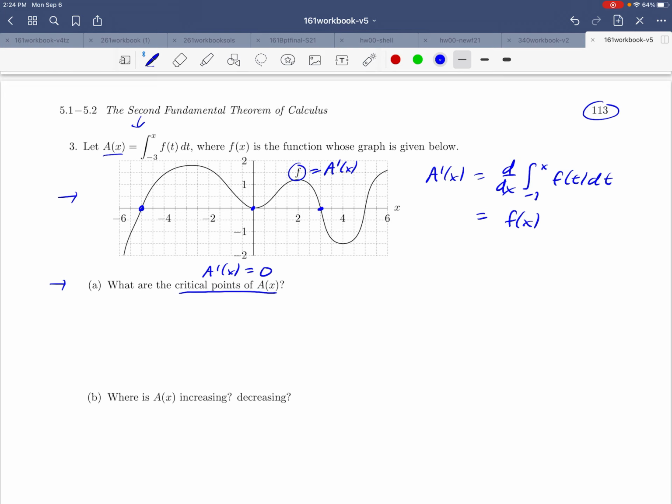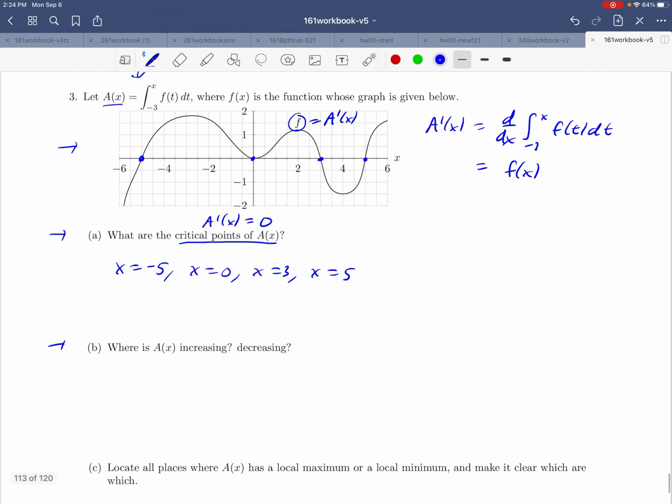And you might notice that there are a few places that fit that description. Those dots that I just highlighted appear to happen at x equals -5, 0, 3, and 5.